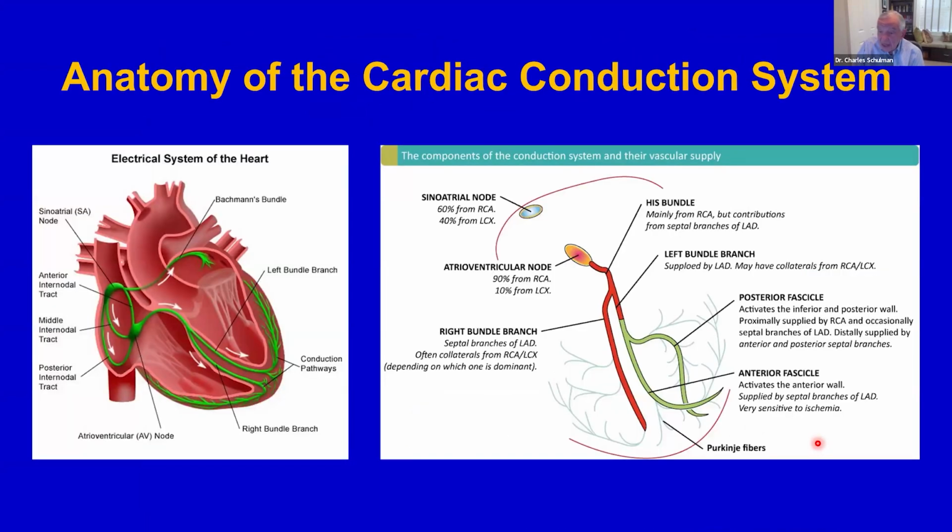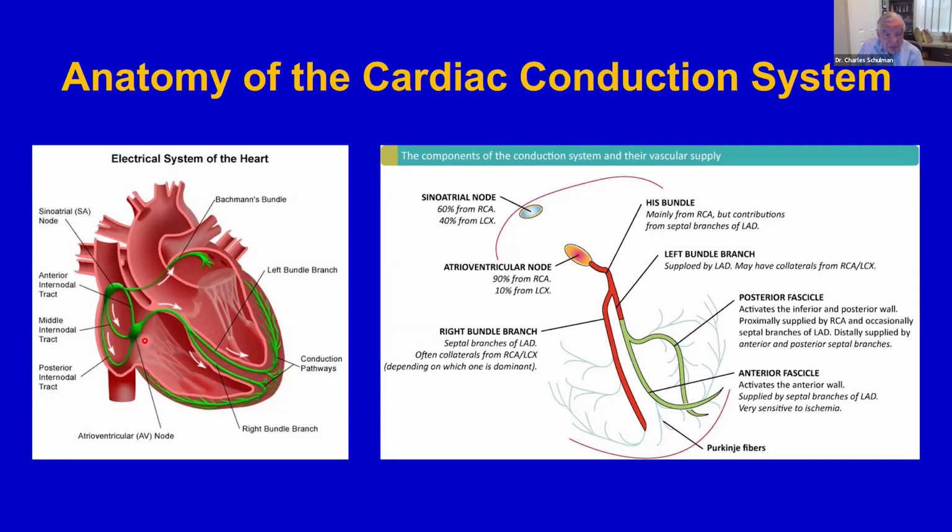Now, to start with the anatomy of the cardiac conduction system. So the SA node is located in the upper portion of the right atrium at the junction of the superior vena cava. The impulses travel from there across the atria on specialized bundles called Bachmann's bundle to the AV node.